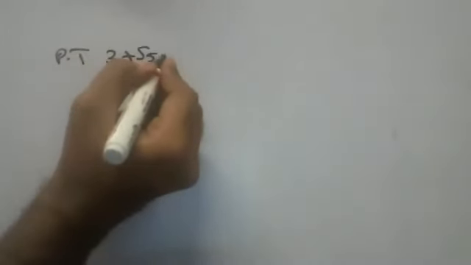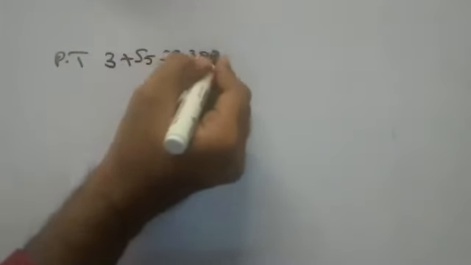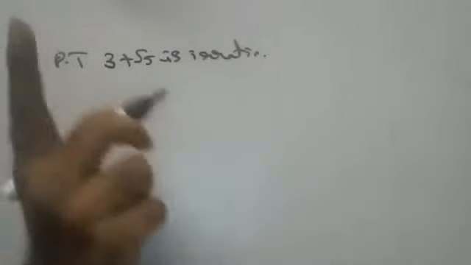Now questions sometimes will come like this, children. Instead of giving it directly, they will give: prove that 3 plus root 5 is irrational. Same question, one extra step will be there.